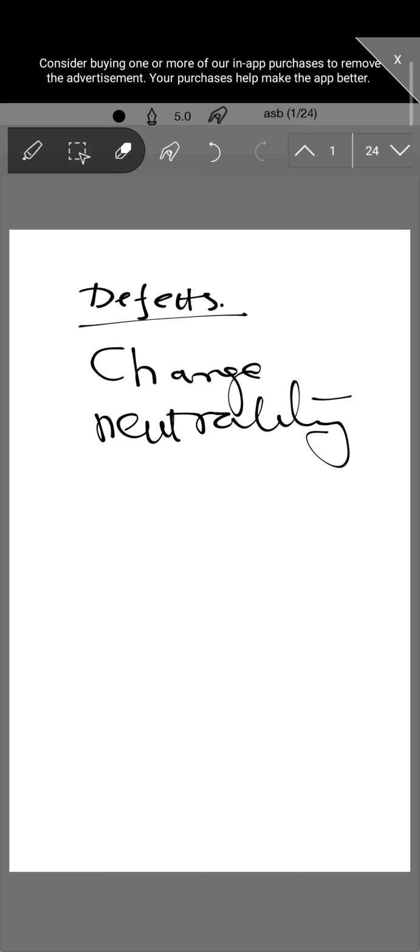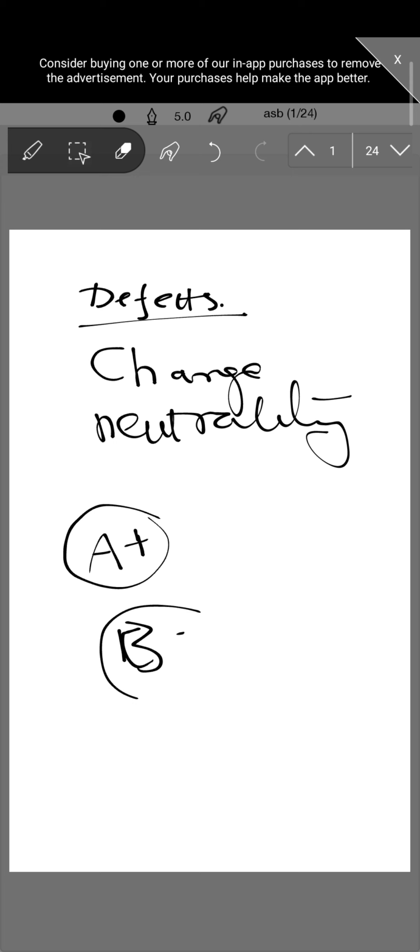Right. For example, in the absence of a positive ion, A plus, if somehow A plus is missing, it will be accompanied by a similar anion missing. Right. Like now we have A plus and B minus arranged in a fashion like this.